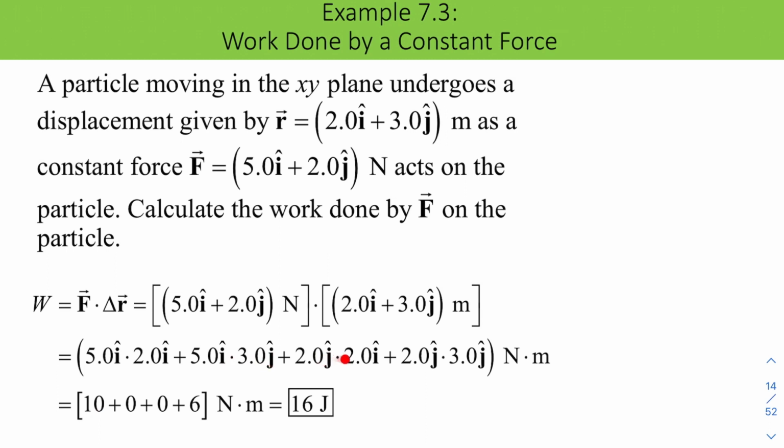The product of the meter here, 0, 0. And then 2J dot with 3J, you will get 6, and J dot J will become 1, so left with 6. So 10 plus 6 is 16 Newton meter or joule. This is the amount of work done by the F on the particle.